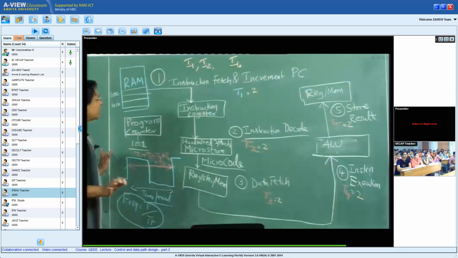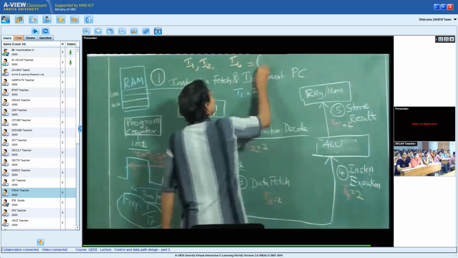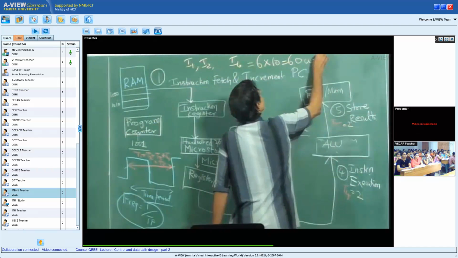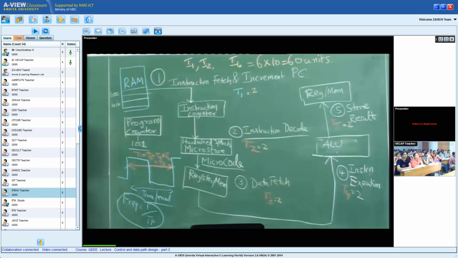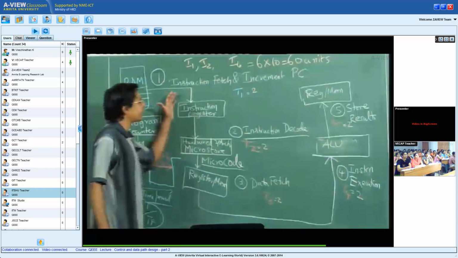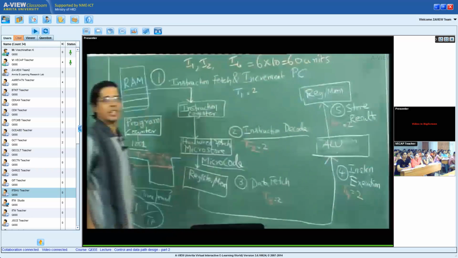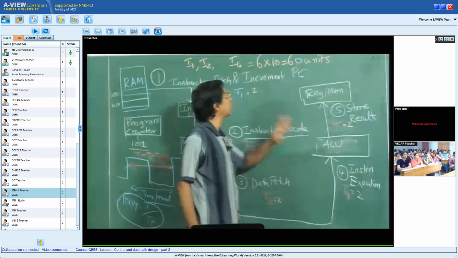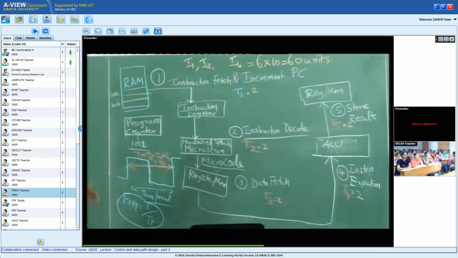If I am not going to do any pipelining, each instruction will take 10 units of time, and since I have 6 instructions, it is going to take 6 into 10, which is 60 units of time. Now let us see what happens.